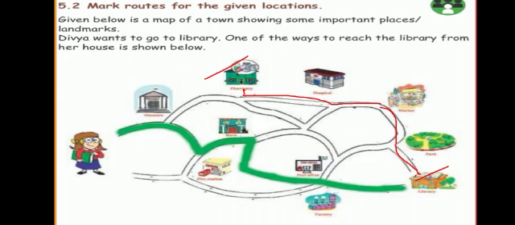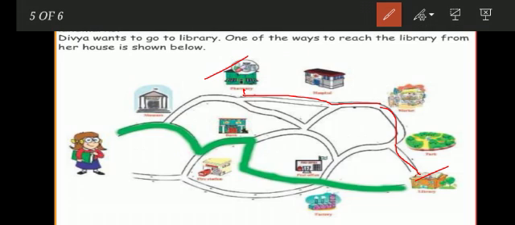This green line is the one route they gave. Now we find another route. So we start from here. Divya comes to the post office, then factory. After that she goes to the park, then she reaches the library. That is the third question answer.